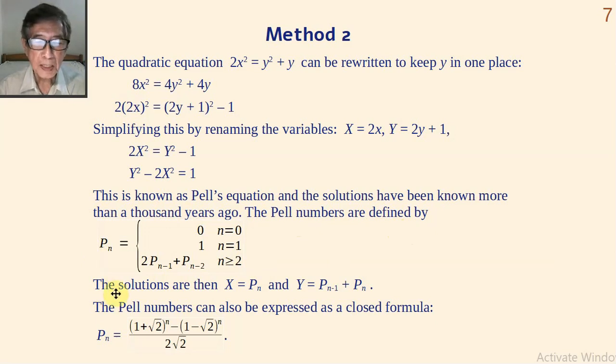The solutions are then X equals Pn and Y equals Pn minus 1 plus Pn. The Pell numbers can also be expressed as a closed formula. Okay, we won't prove all this here. These are known from the study of Pell's equation.